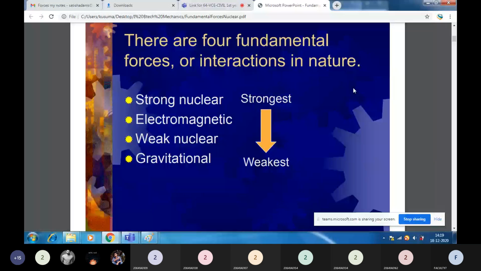Which one is stronger? The first one here we had mentioned is the strong nuclear force. That one is stronger among all the four. Which one is next stronger? That is the electromagnetic force. The next one is the weak nuclear force, and the last is the gravitational force, depending on the amount of strength of that particular force.